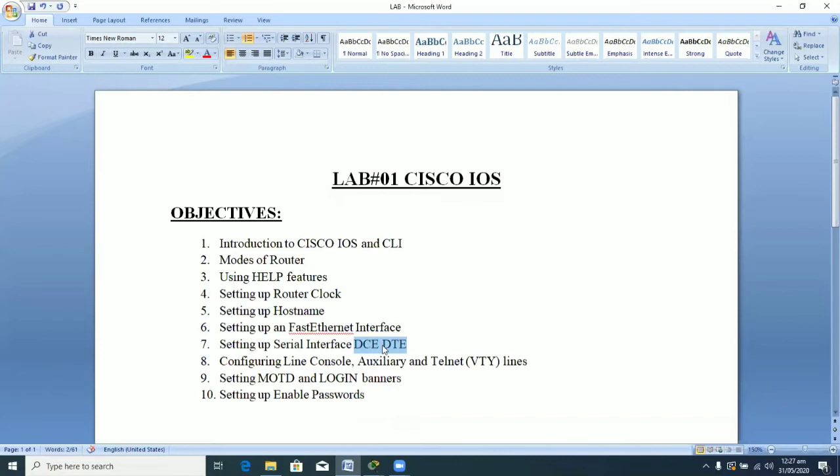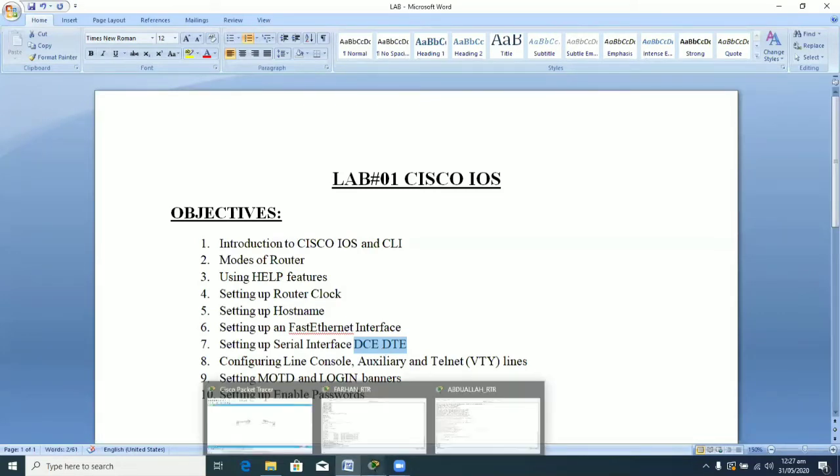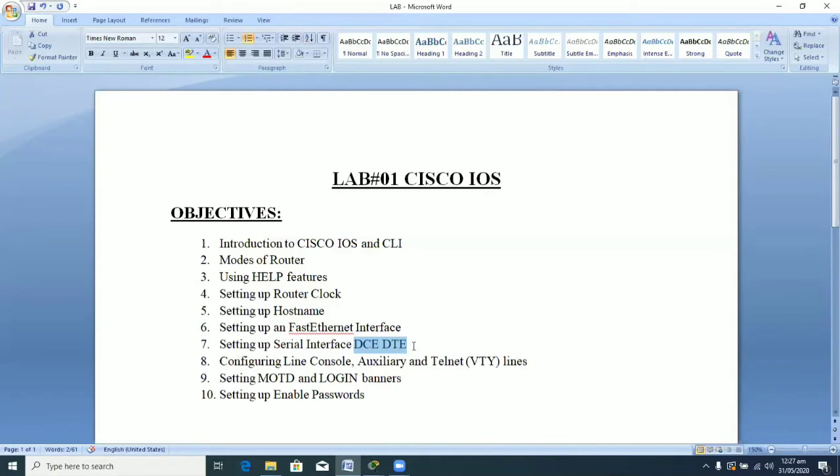DCE provides the clock, while DTE synchronizes itself using the clock provided by the DCE terminal. So one interface is to be made DCE and the other interface is to be made DTE, or you can say that DCE is the male connector and DTE is the female connector.